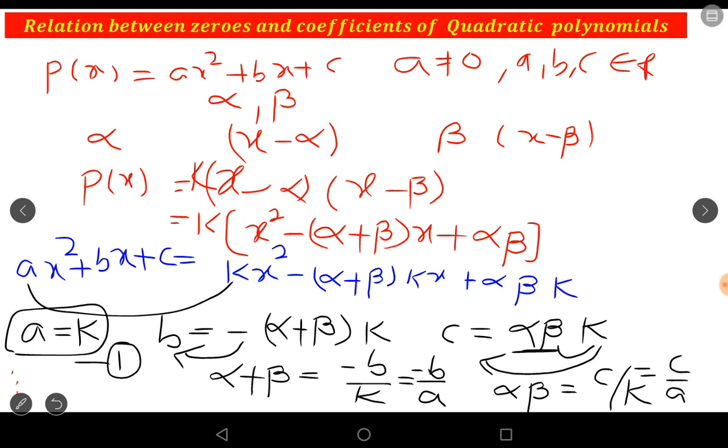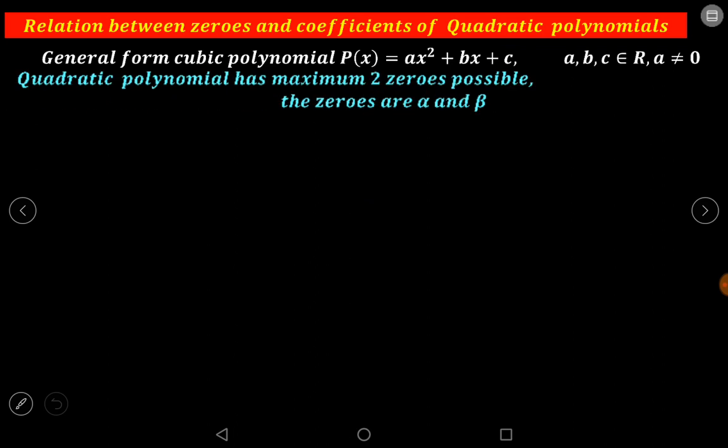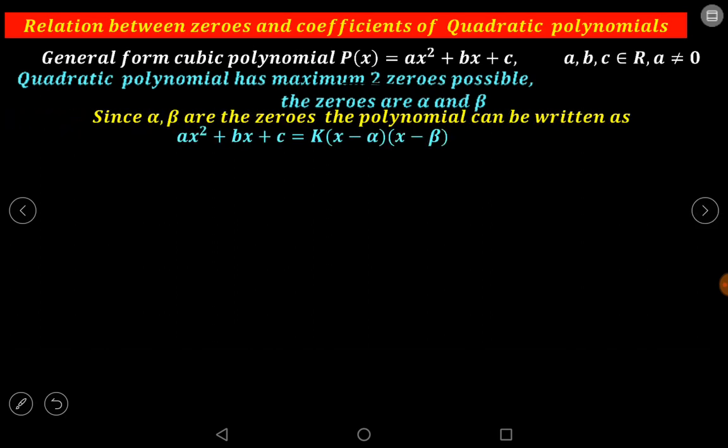Observe the screen. Two zeros are possible, that is alpha and beta. So ax square plus bx plus c equal to k times x minus alpha into x minus beta. Next, k into x square minus alpha plus beta into x plus alpha into beta.